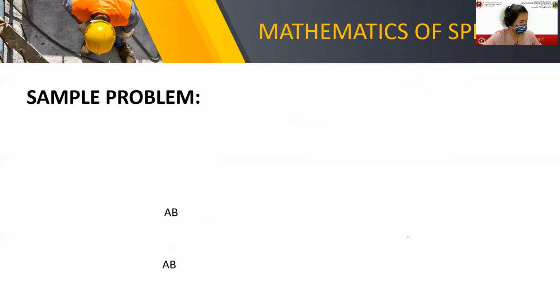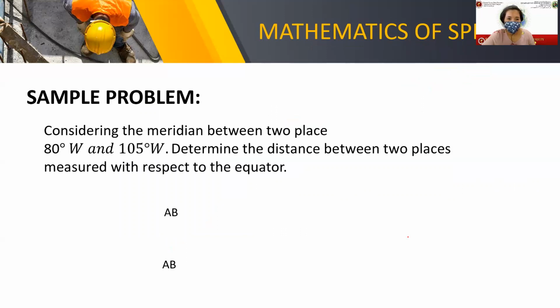So let's try a sample problem here. Considering the meridian between two places, we have two positions. We have 80 degrees west for one, and the second point is located at 105 degrees west.